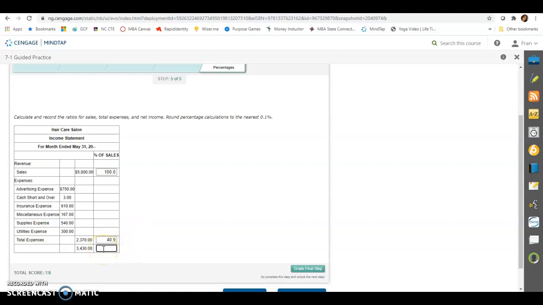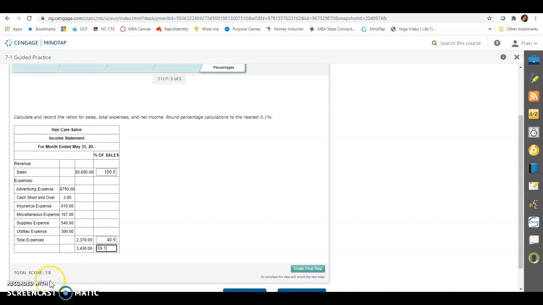Now we're going to figure out what percentage our profit is of sales. So we've got $3,430. We'll divide that by our sales. Multiply it by 100 to get a percentage. And I got 59.137931. So I'm going to round that to the nearest tenth of a percent.